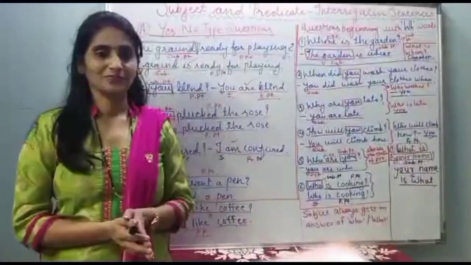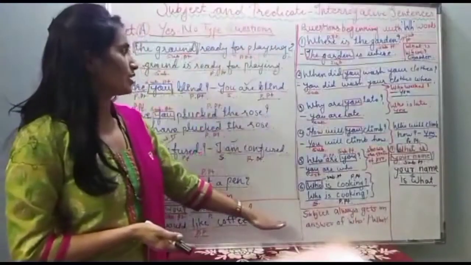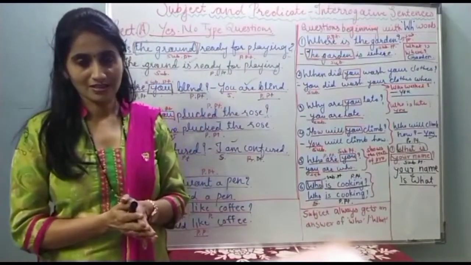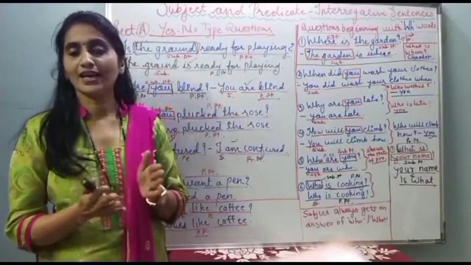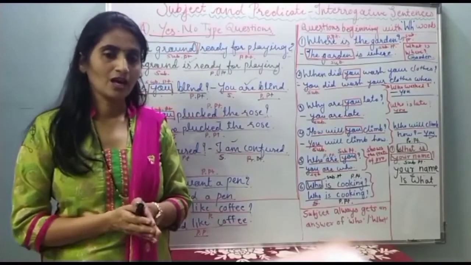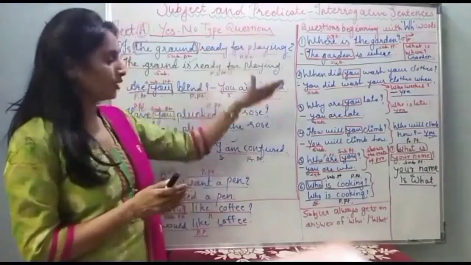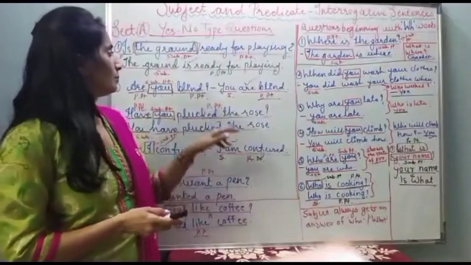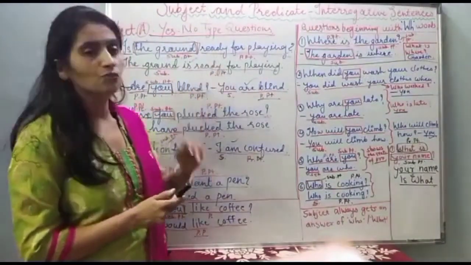So, all these are the yes-no type questions. Whenever such kind of questions are asked, we can get the answers as yes or no. I hope that you have observed one thing here. In each sentence, the predicate part contains a verb.